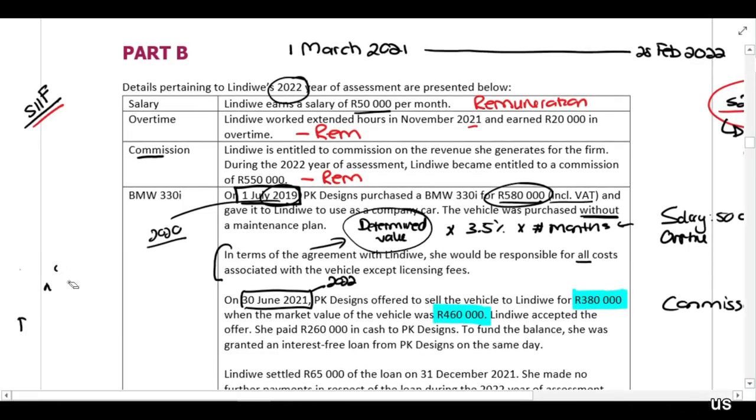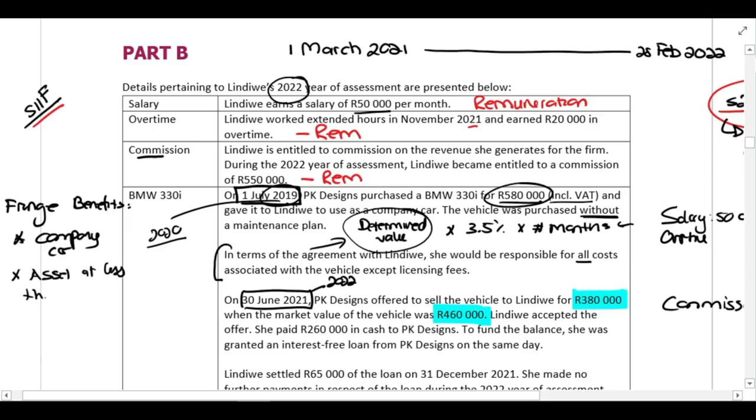So that's a fringe benefit. So I would recommend, if this was me in the exam, I would just keep this list of fringe benefits I'm identifying. I'm identifying a company car. I'm identifying an asset at less than value.